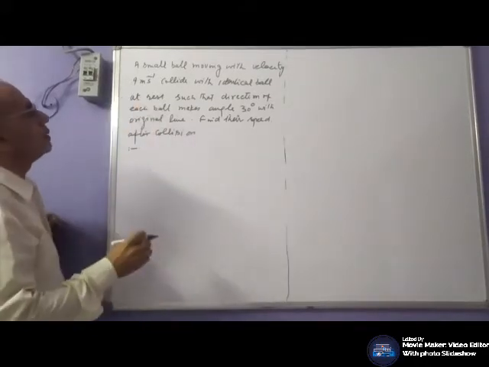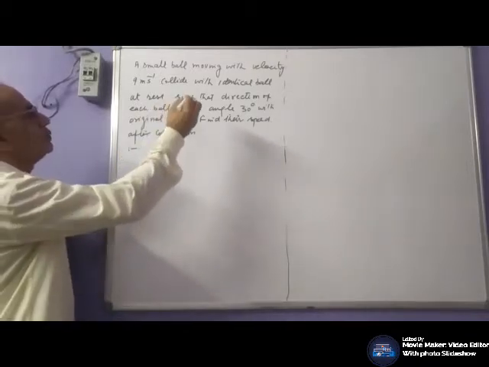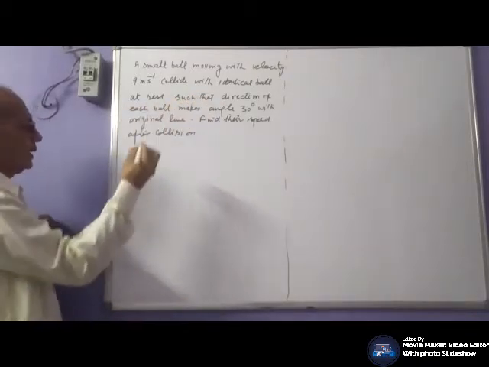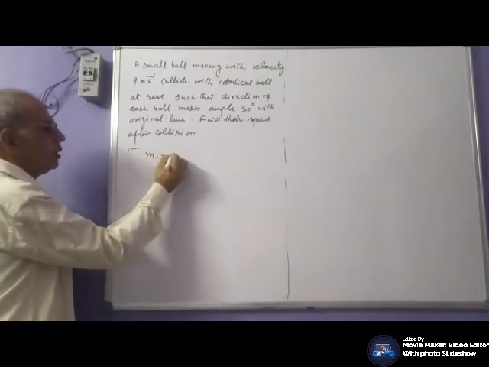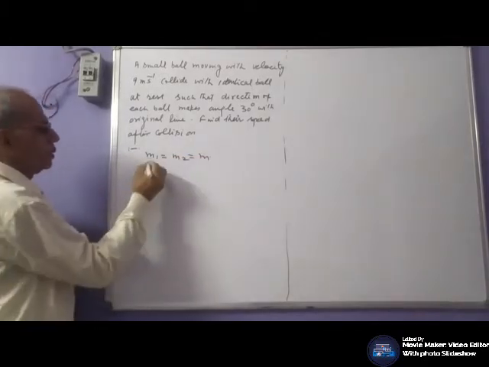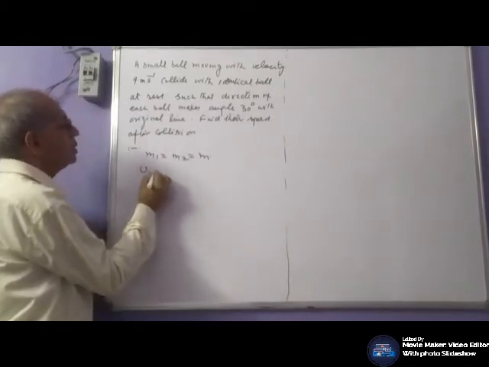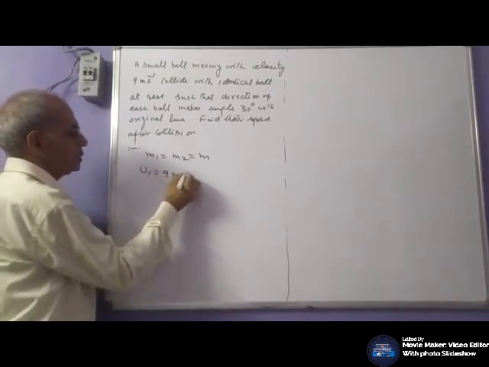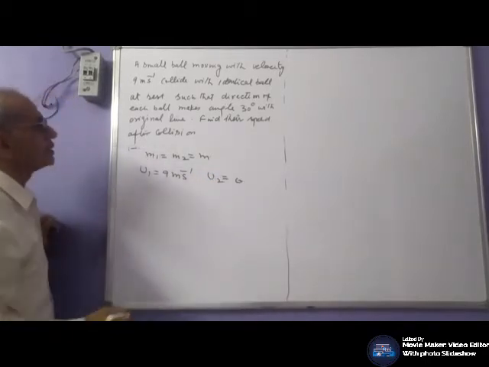A small ball moving with velocity 9 meter per second collides with an identical ball at rest. This means M1 and M2 are both M. U1 is 9 meter per second, and U2 is at rest.